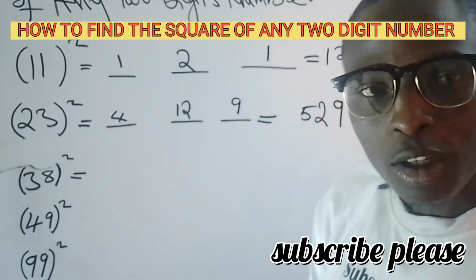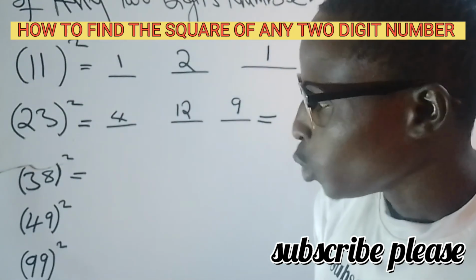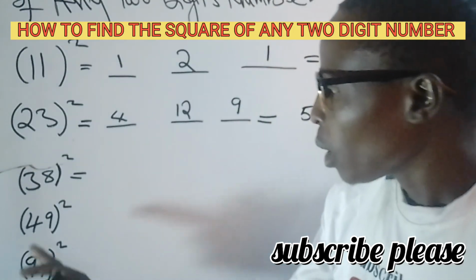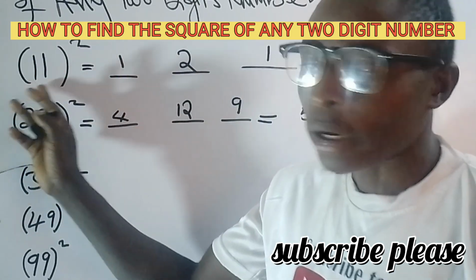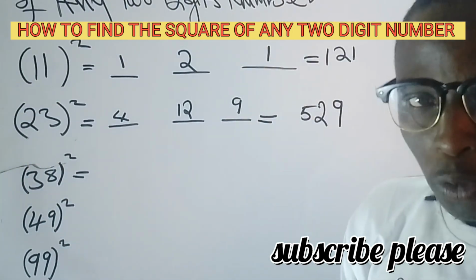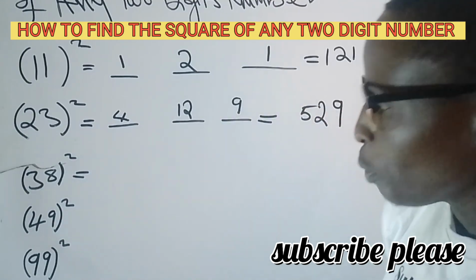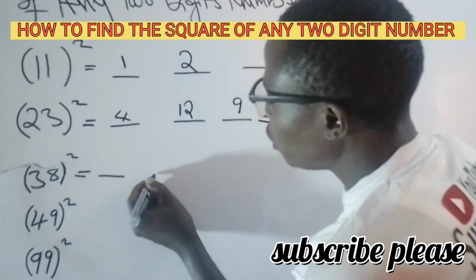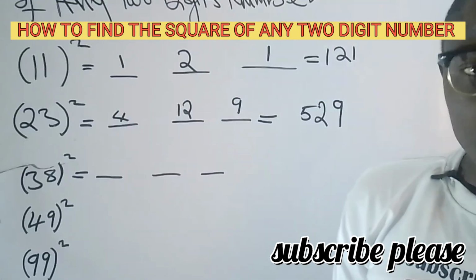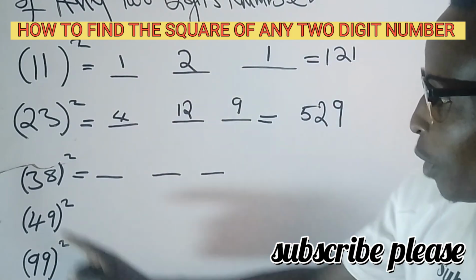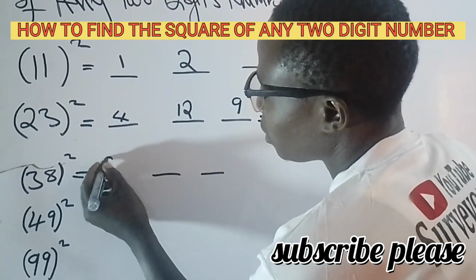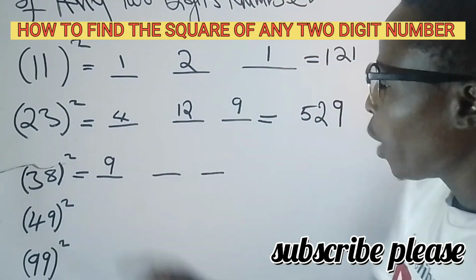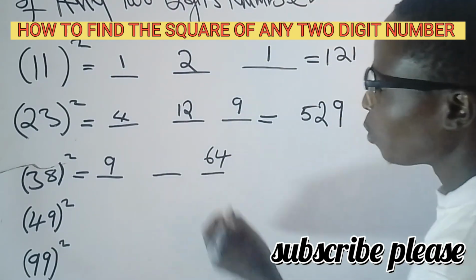The numbers are going to be separated into 2: 3 and 8. We had 2 and 3, and 1 and 1. So in this case, we have 38 to tackle. I'm going to divide the answer into 3 segments. For the first segment, 3 squared is 9. 8 squared is 64.